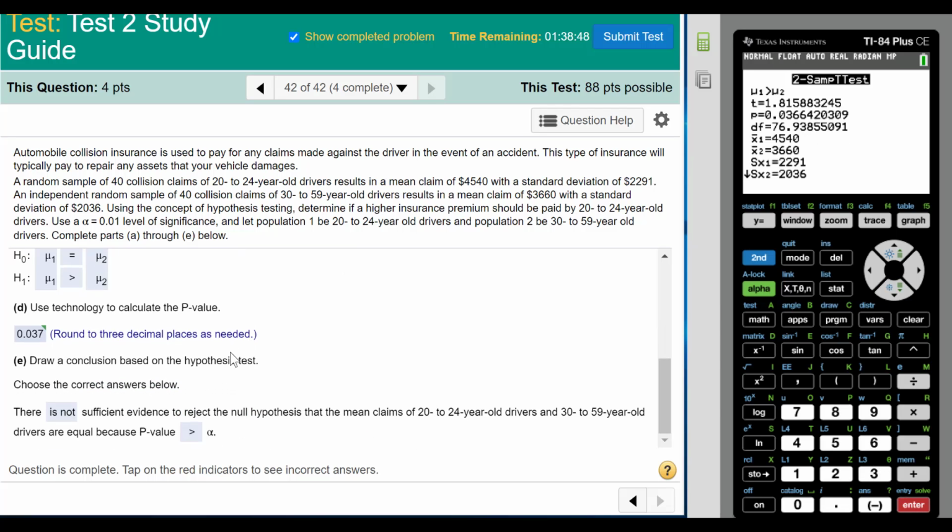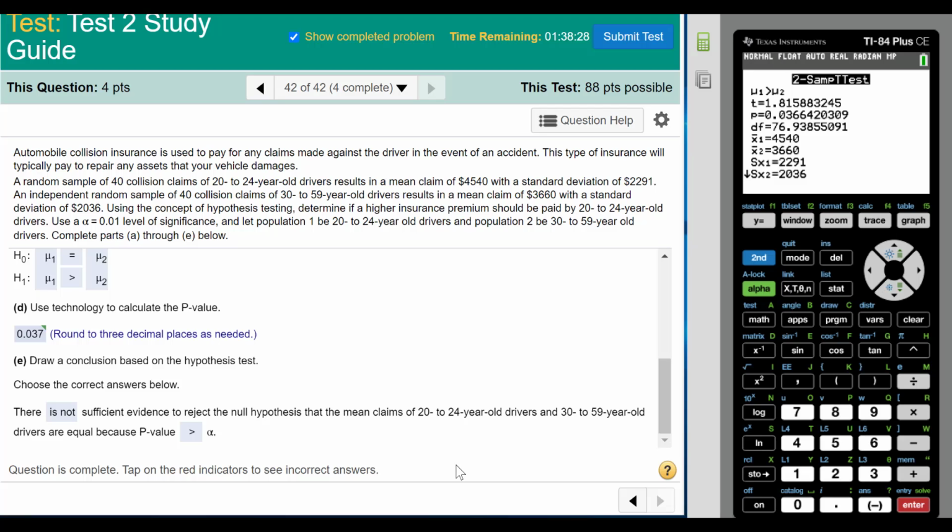And here you go. The p-value is 0.037. You can see, guys, it's 0.037. What's alpha here? 0.01. So 0.037 is bigger than 0.01. So fail to reject the null hypothesis. There is not enough evidence to support the claim.